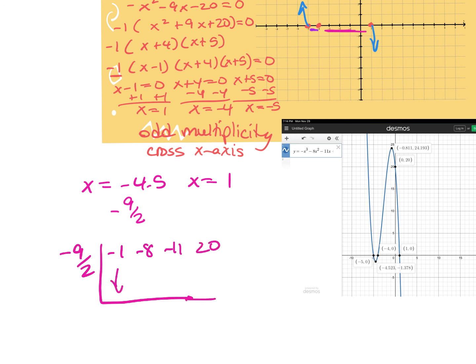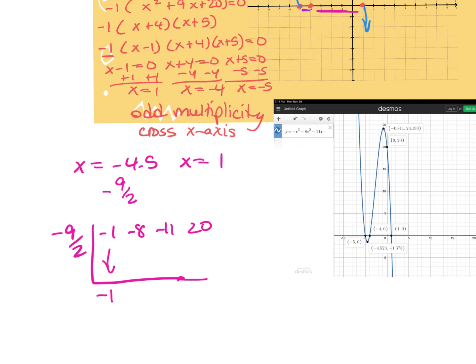Bring down. I'm going to multiply. I get +9/2. And now when I add this, I'm going to end up with -7/2. And then I'll multiply, and I get 63/2.